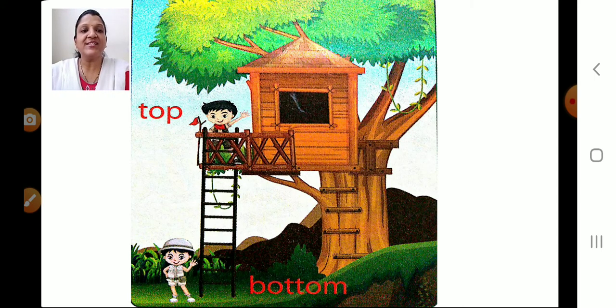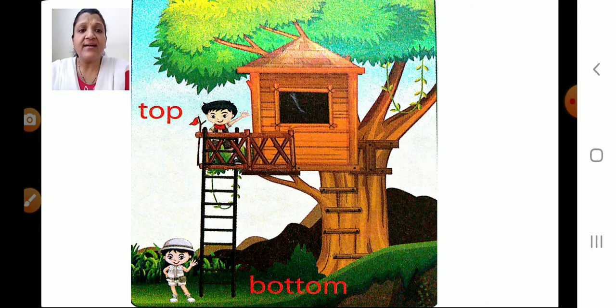What do you see in this picture? It's a tree house, right? Have you been to a tree house anytime? Okay, let us go. Here, there is a ladder to go to the tree house. And the boy has gone up. And now he is on the top of the ladder.